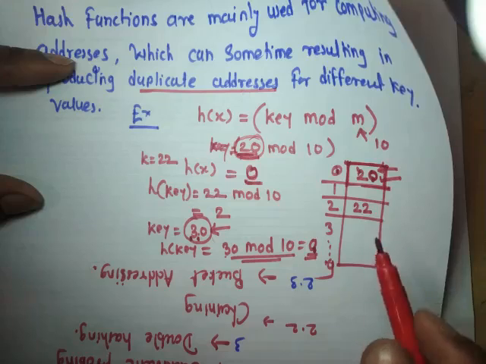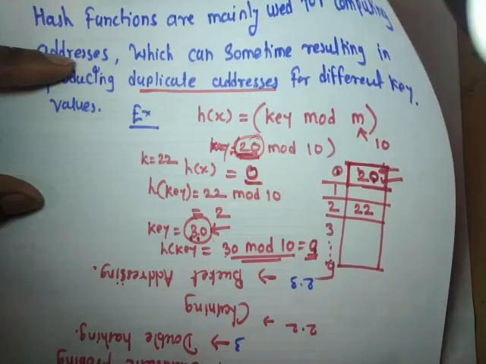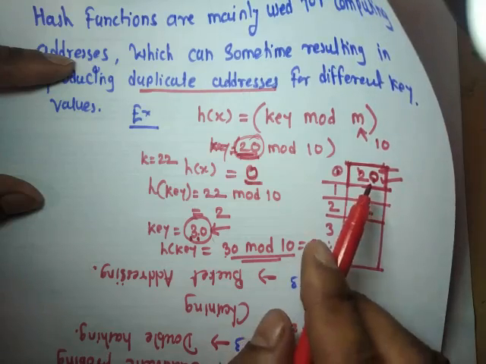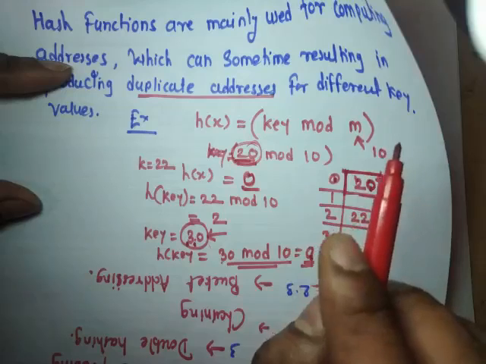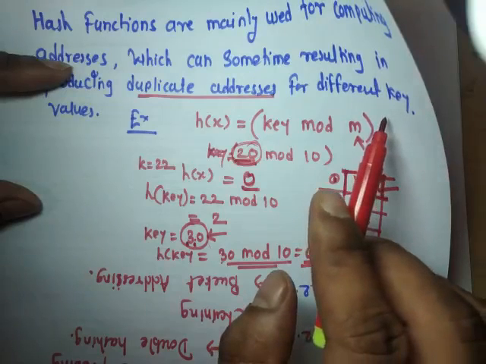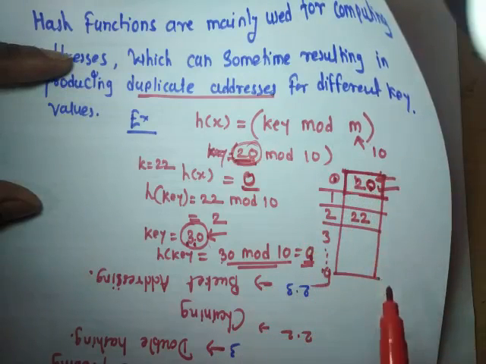So here collision occurs. Collision means two or more different values want to be stored in the same address location.